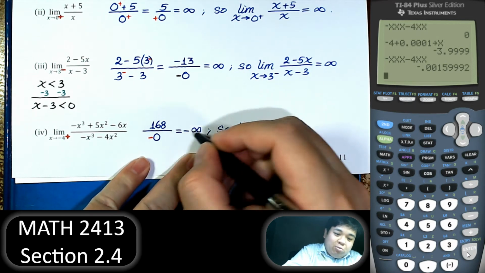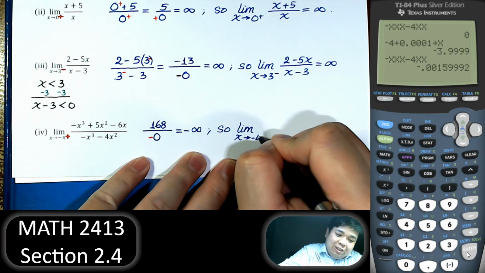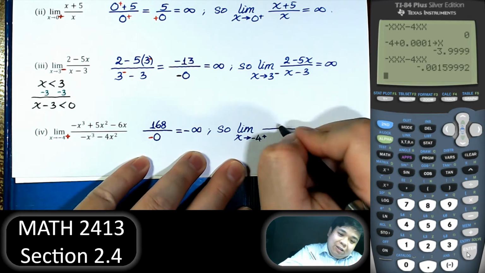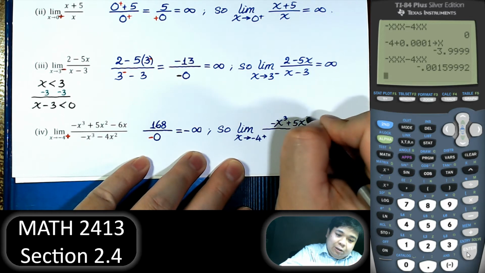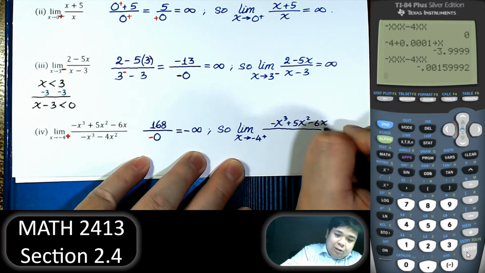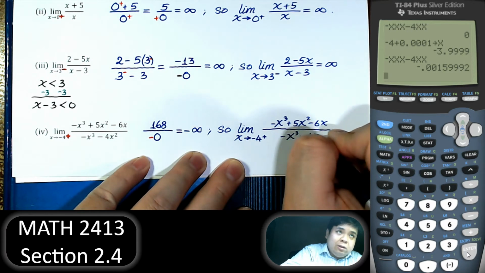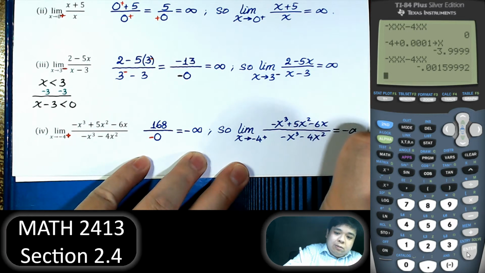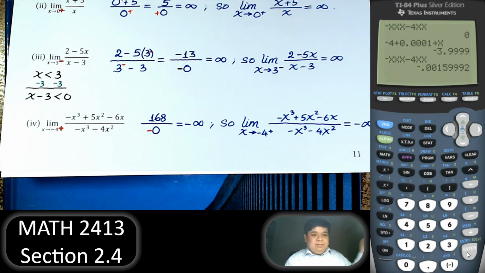So that's why I'm not making it equal to. So easy enough, right?